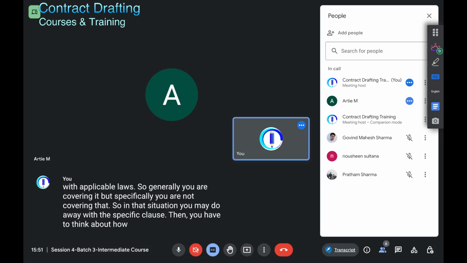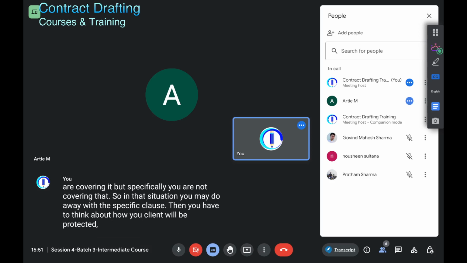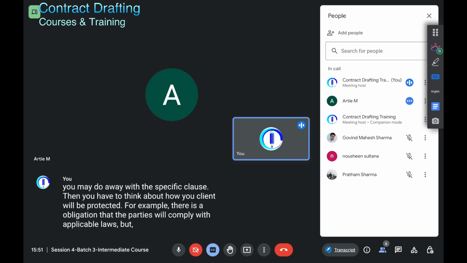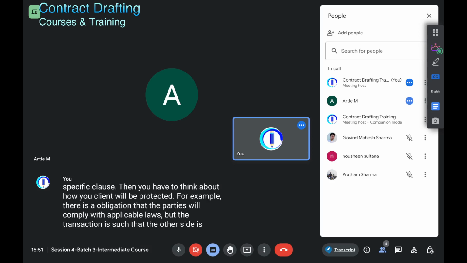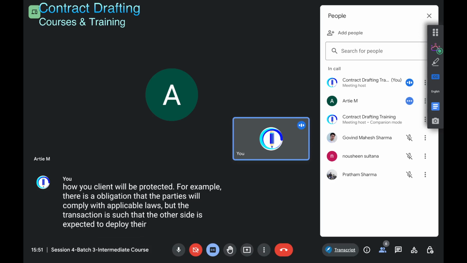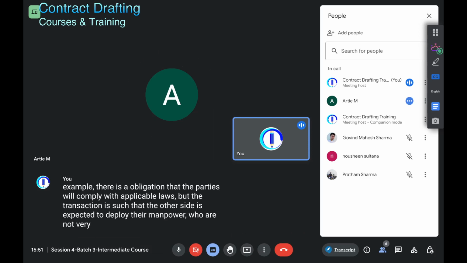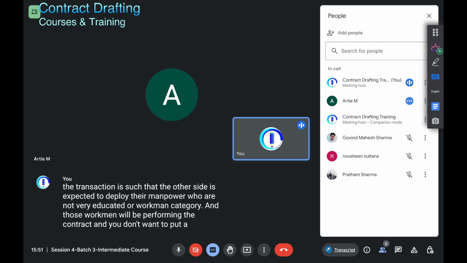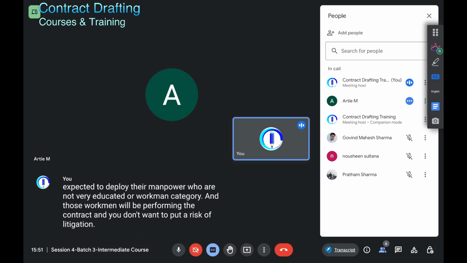Now, for example, there is an obligation that the parties will comply with applicable laws, but the transaction is such that the other side is expected to deploy their manpower who are not very educated or are of workman category, and those workmen will be performing the contract, and you don't want to put a risk of litigation, so you may want to have a clause on the contractor having a contract labor license.